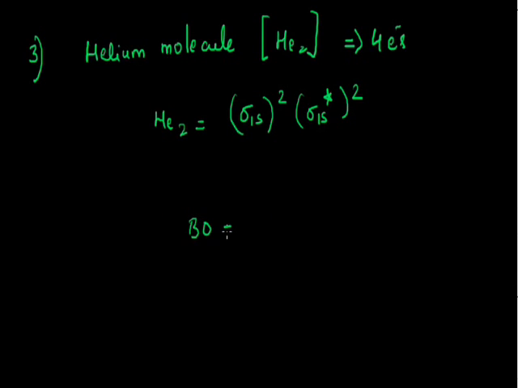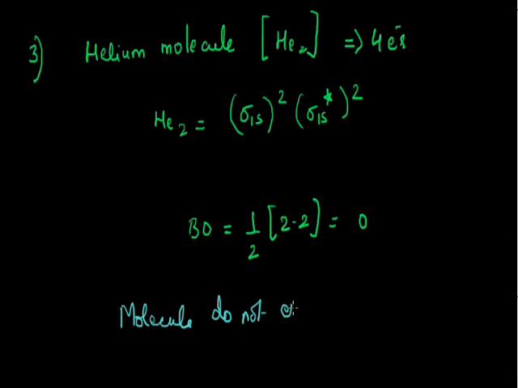Bond order will be equal to half of (2 minus 2), that is 0. This shows that this molecule does not exist at all since bond order is 0.